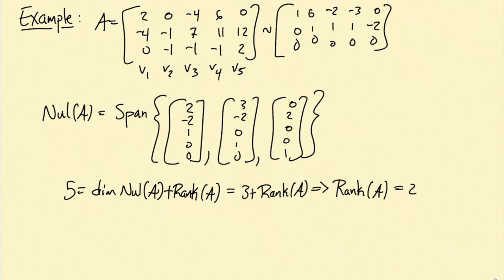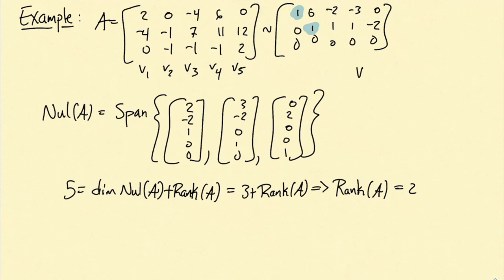To see exactly how to express this as a plane, we simply need to locate the 2 pivot positions in our matrix. These 2 pivot positions correspond to the vectors V1 and V2. So our column space will be the span of those vectors V1 and V2.